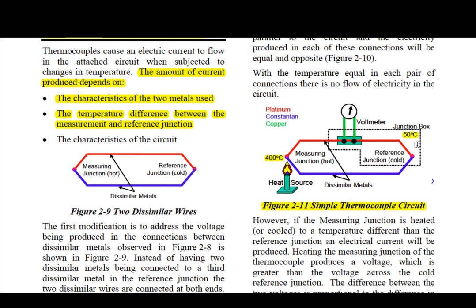So you can see that ambient temperature might make a difference here based on your junction box trying to maintain it at 50 degrees Celsius. Second thing is, what happens if you have a high humidity? On this junction box, it's made out of metal, and if you have a lot of condensation on the box itself, you can see where it could lower the box temperature just based on condensation, and therefore reduce your junction box reference temperature, which would change the difference in your voltmeter reference, and therefore give you an inaccurate reading.